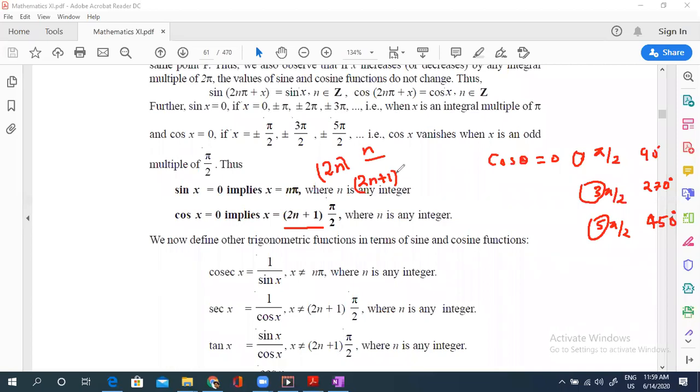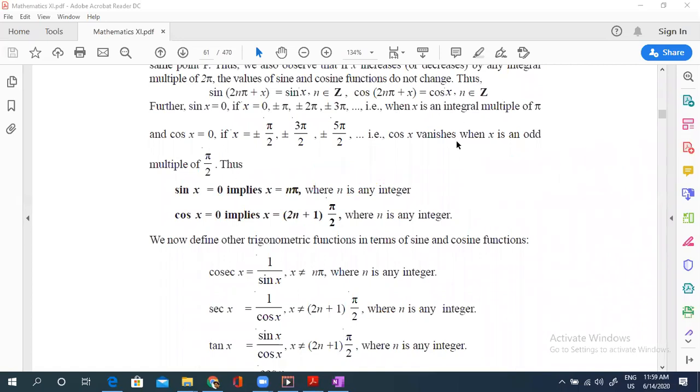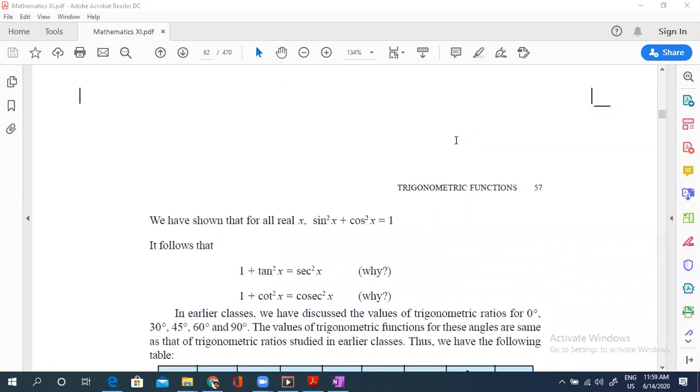These all are the value of angle. Okay, cos 180 degree is minus 1, na? Obviously it will be defined, right? We will see the values, right? I hope all of you understood this.